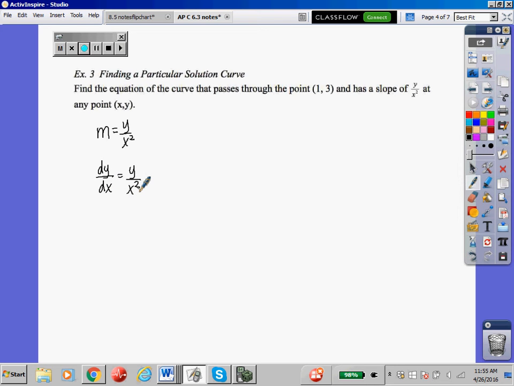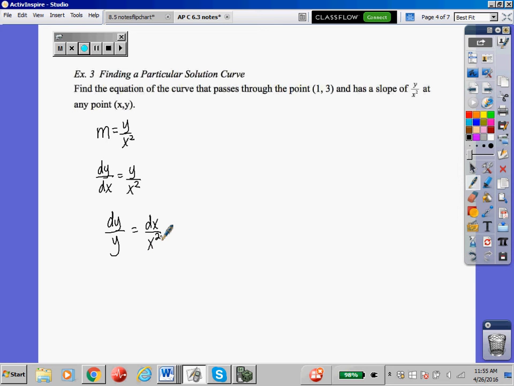So when I have the slope is y over x squared, I can change m, the slope, to the derivative, dy/dx. And now we're just going to separate them. This would be dy over y equals dx over x squared.